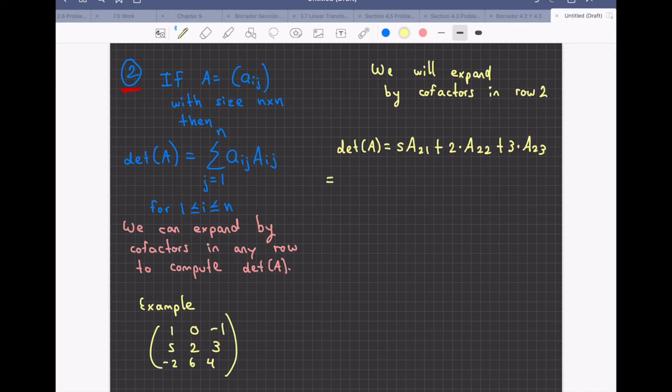And this is equal to 5 times -1 raised to the 2 plus 1 times the minor 2,1. Remove row 2, column 1: 0, -1, 6, 4.